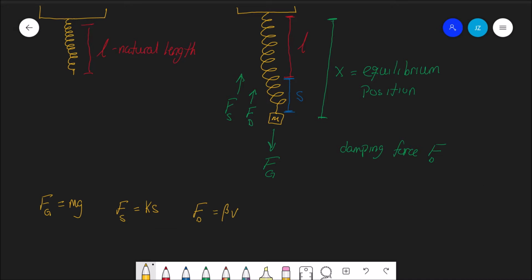We call this beta the damping constant. And we take it to always be greater than 0. If it is 0, then we have no damping force.